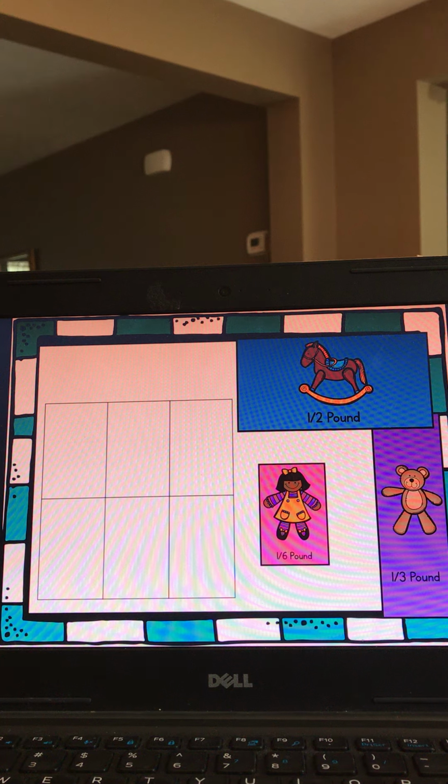So I decided to look around, and I found some other toys. This time I have 6 blocks to cover. I have a rocking horse, which is 1/2 pound. I have a doll, which is 1/6 of a pound. And I have a teddy bear, which is 1/3 of a pound.